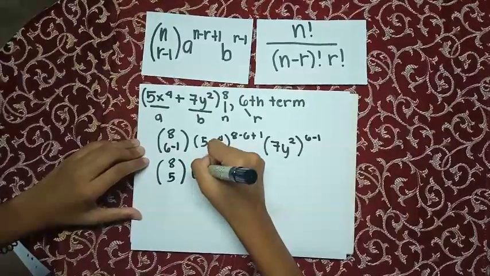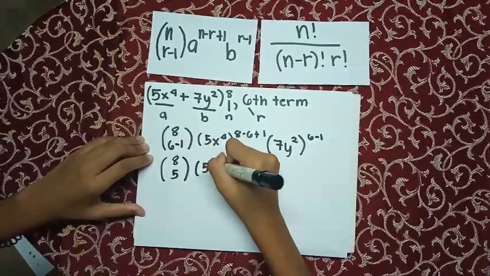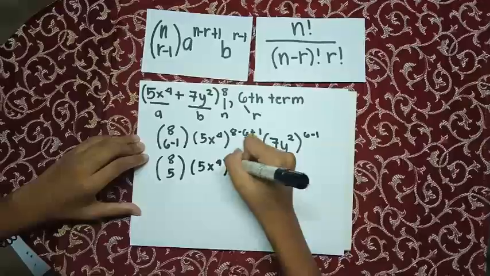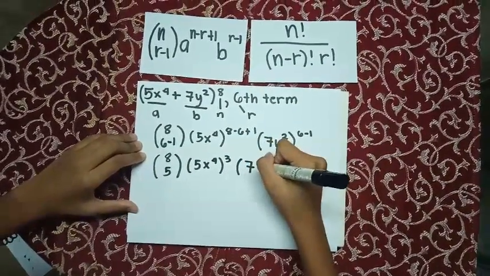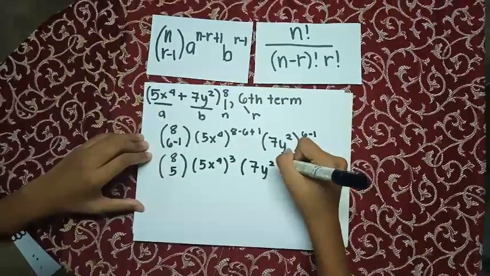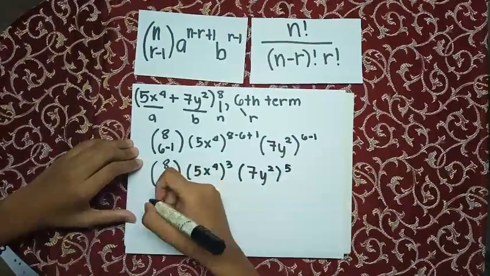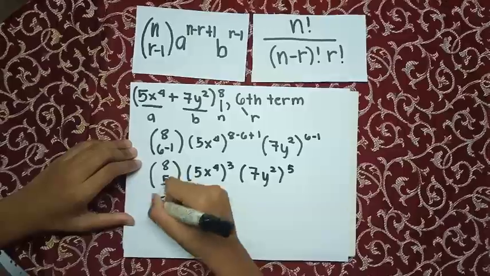Simplify the following. 8 choose 5, multiplied with the quantity of 5x raised to 3, multiplied with the quantity 7y squared raised to 5.